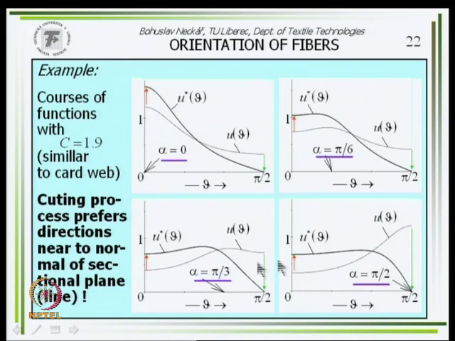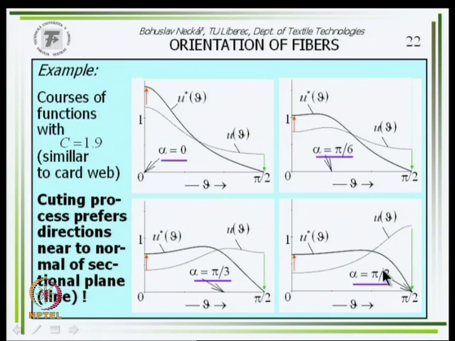You can see in these 4 pictures, it's for alpha equals 0, so longitudinal, we cut our web perpendicularly to the longitudinal direction. This is for pi by 6, 30 degree, 60 degree, 90 degree. In this example, C equal 1.9 was used, a typical value for a web from carding.